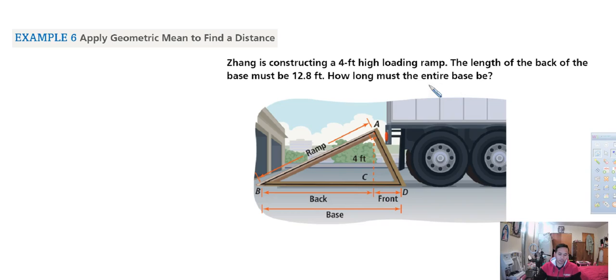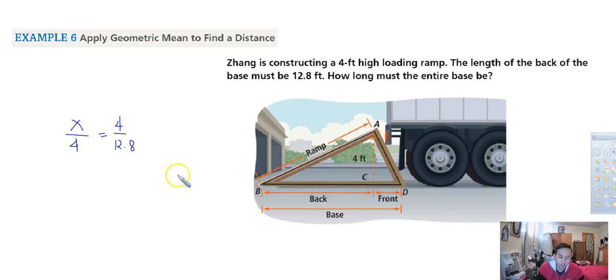The hypotenuse of the right triangle, the height of the ramp, is the altitude of the right triangle. The base of the ramp is composed of the front base, x, and the back base, which is 12.8. So basically, we can just go ahead and make a proportion, which is x corresponds to 4, is equal to 4, our geometric mean, over 12.8.